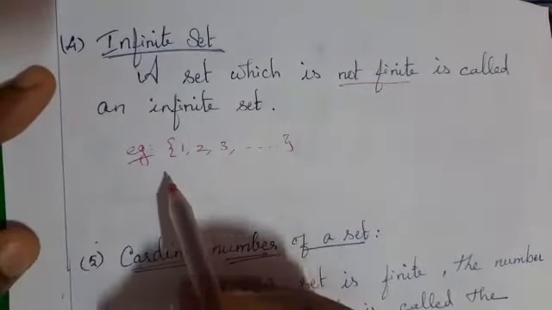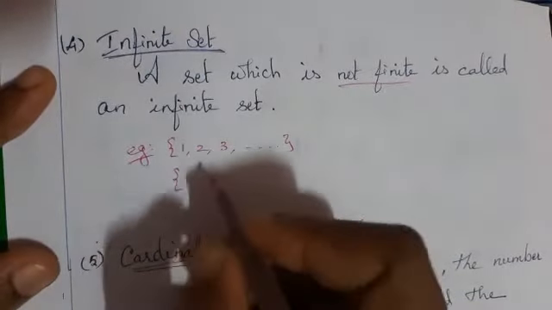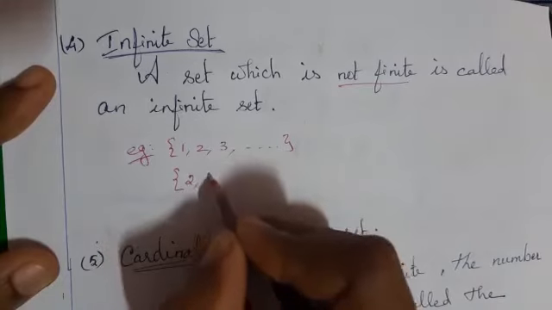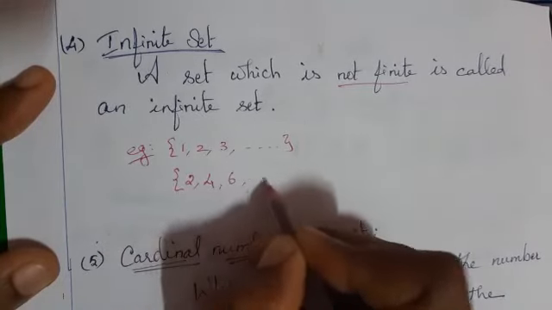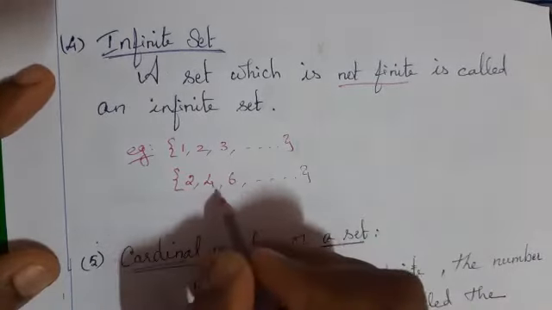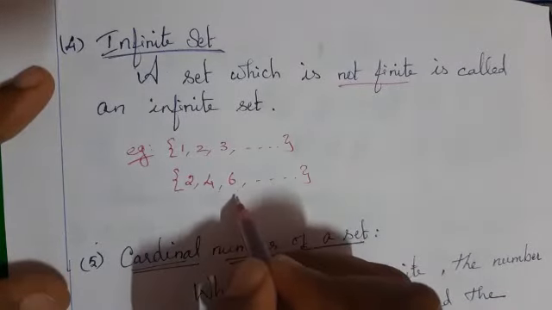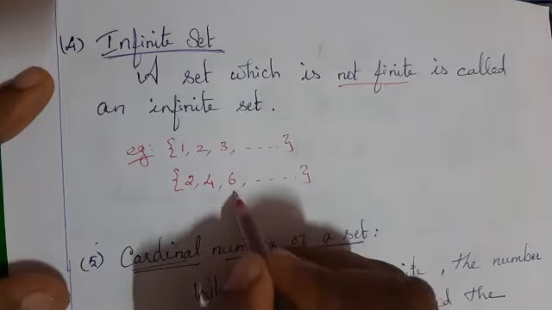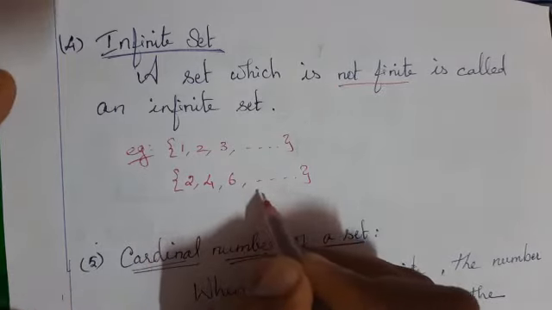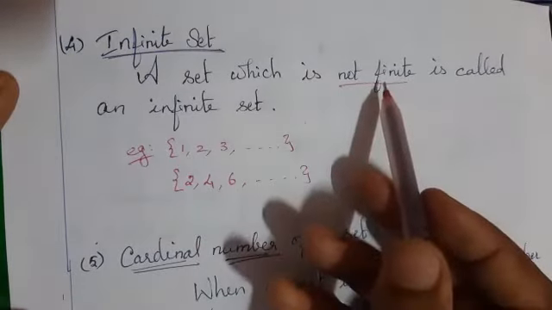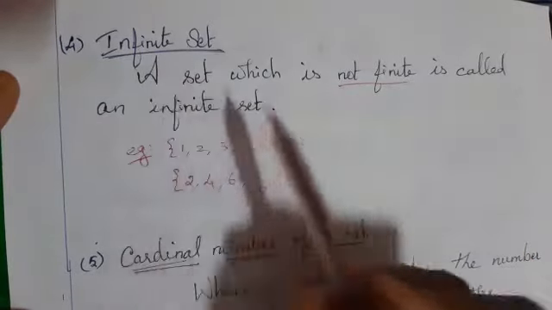Once again, if you take even natural numbers, 2, 4, 6, etc., how many numbers are in the set? You can't count. Therefore it is not a finite set. Therefore it is an infinite set.